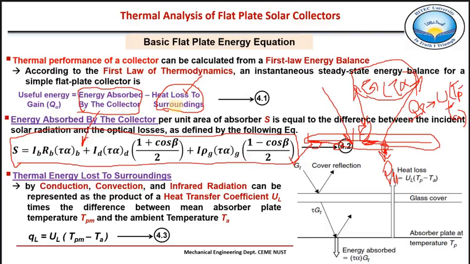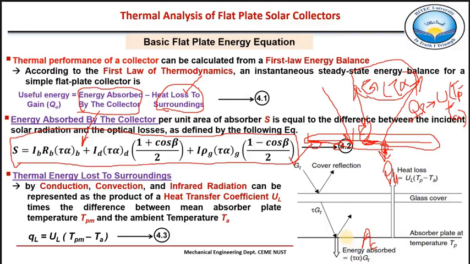And so both of these terms in equation 4.2 and 4.3 are for a unit area. And what is the area from which this loss is occurring, or the area on which this energy is absorbed, is actually the absorber plate area. That is actually the absorber or collector area, this absorber plate area, right?